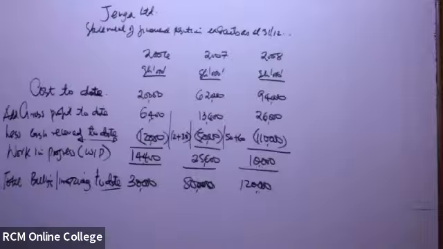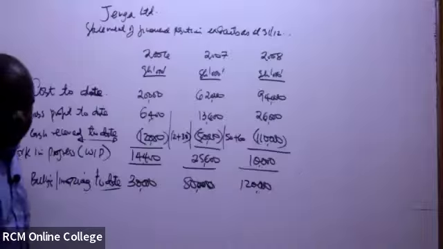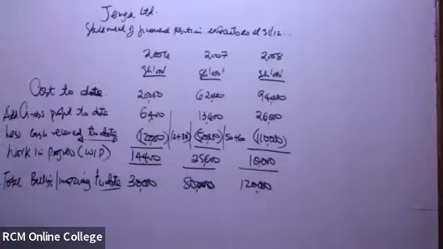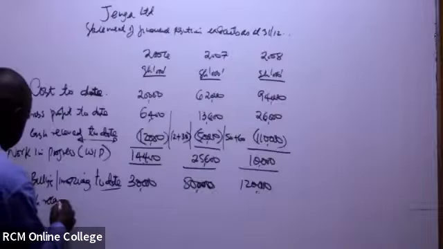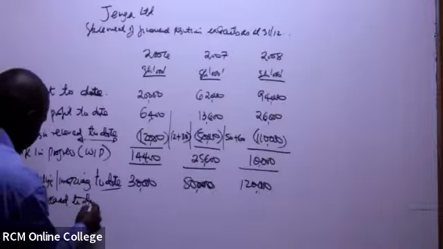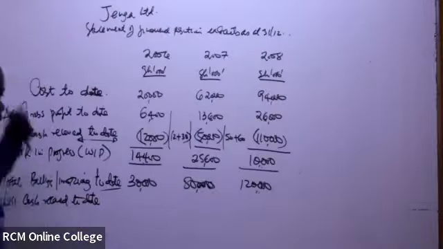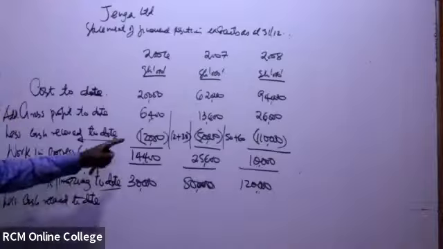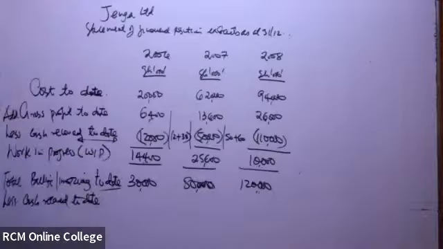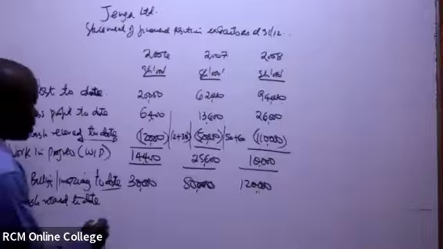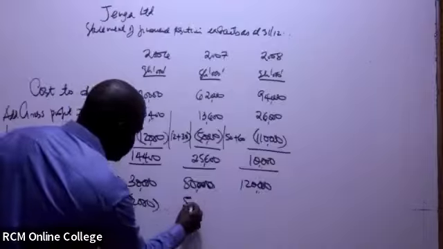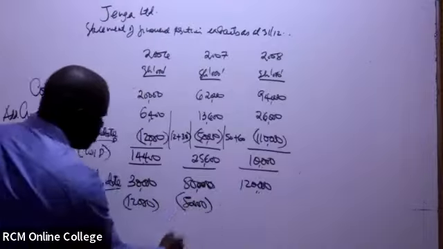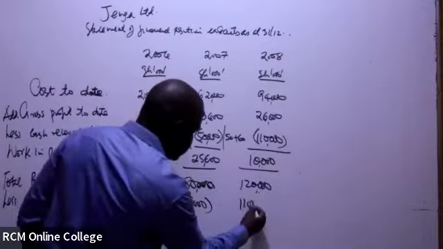Then you can minus what was actually received, so less the cash received to date. This is basically this amount here, the 1250, and of course 110.